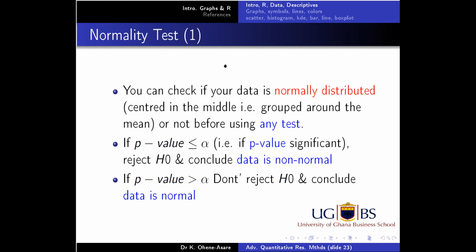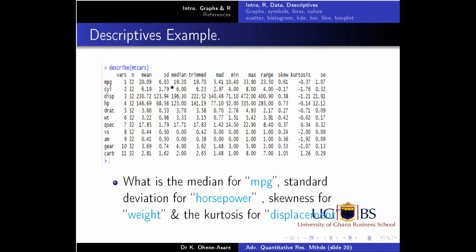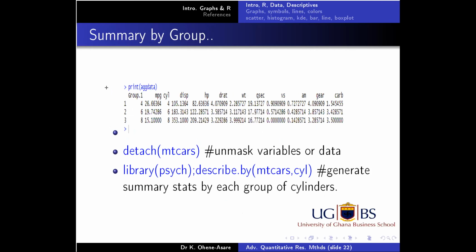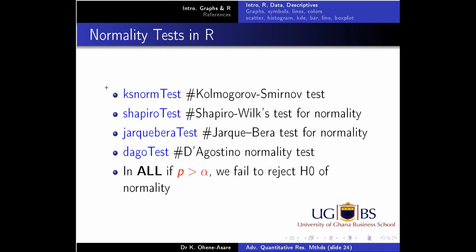So we're going to pick one variable, and I want us to pick the variable known as MPG. So look at the variables here. MPG, the miles per gallon. What we are going to do now is check whether that data is normally distributed. To do that, we have to use one of these test statistics.